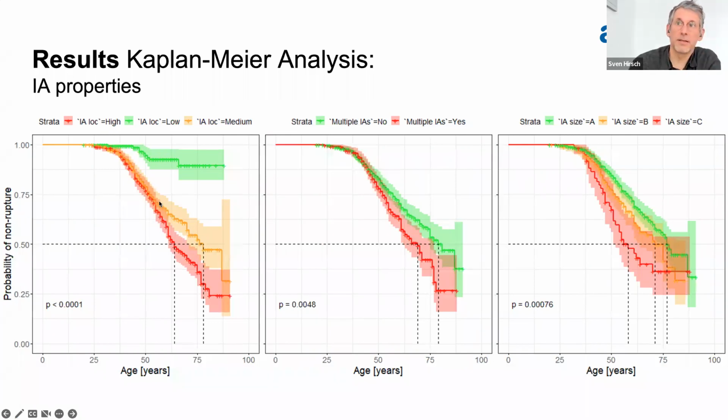The risk of rupture from 55 on is way higher in high risk locations than in mid risk locations. Whereas with low risk locations, the risk remains quite low for very long, and then it has a steep descent, so to say.